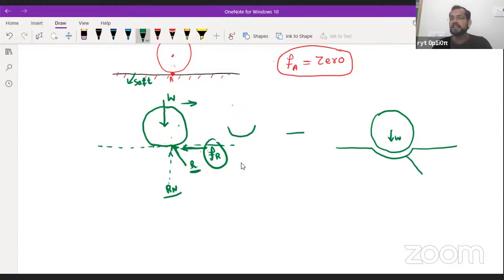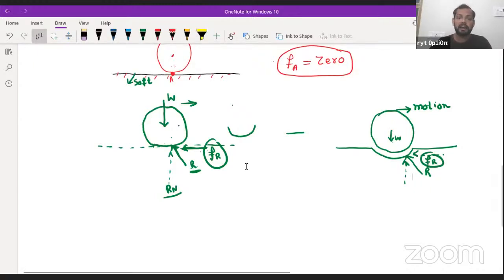So you will see the contact force something like this. This will be the normal reaction due to that contact force, and in this direction there will be a resistance offered. This force is known as the rolling resistance, or rolling friction, or rolling drag.